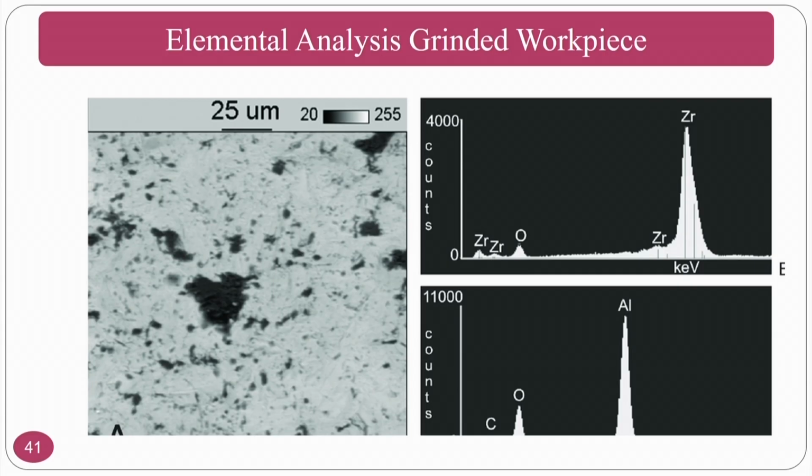You also have to see the elemental analysis. That means if I want to understand a particular surface, you can go for a line scan. This is not a grinding surface, just to make you understand, I have taken one surface and it is checked with EDAX analysis.